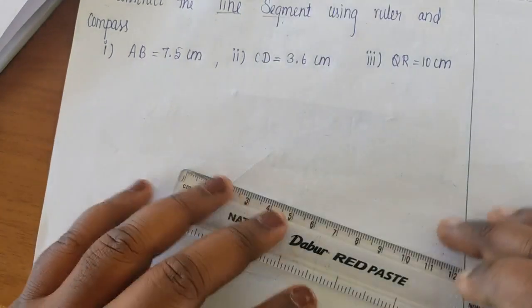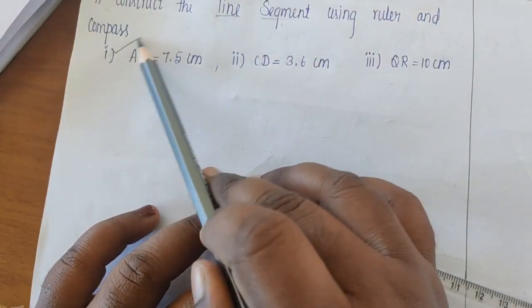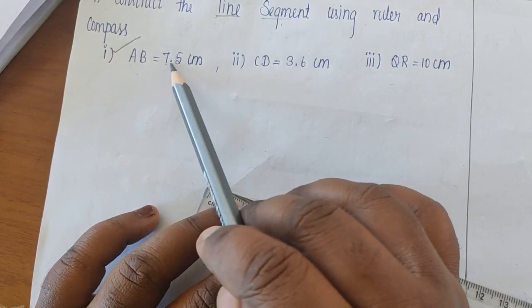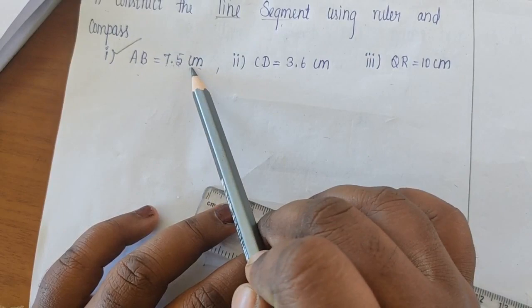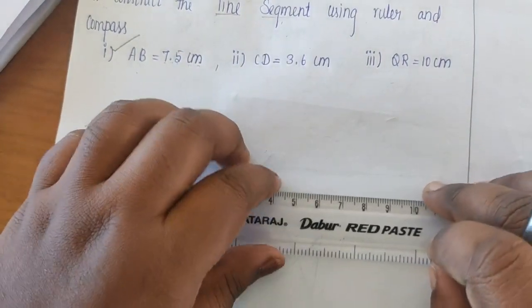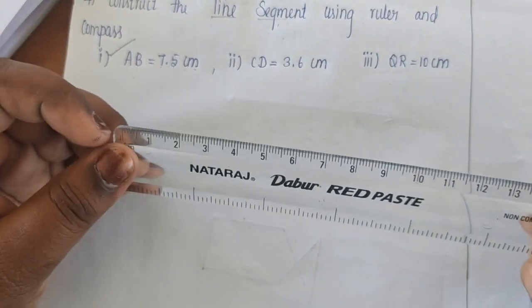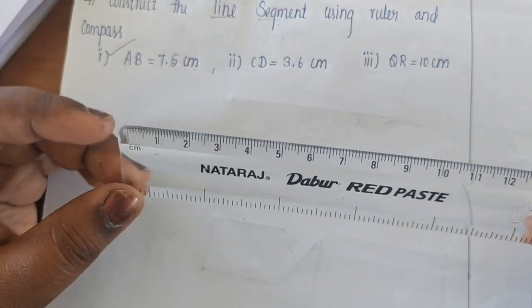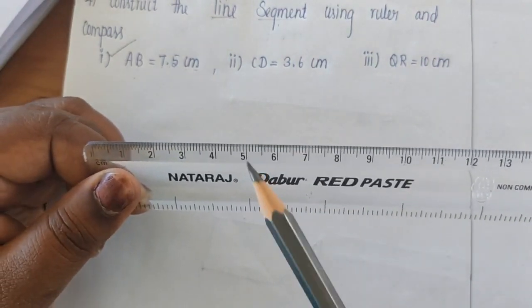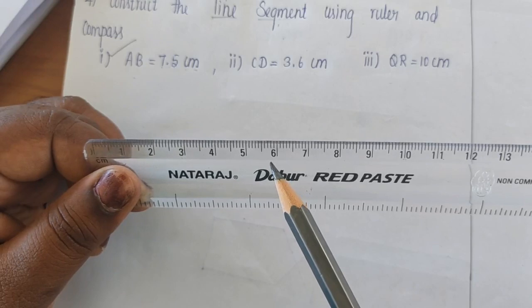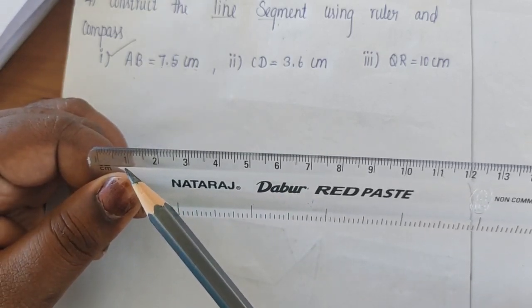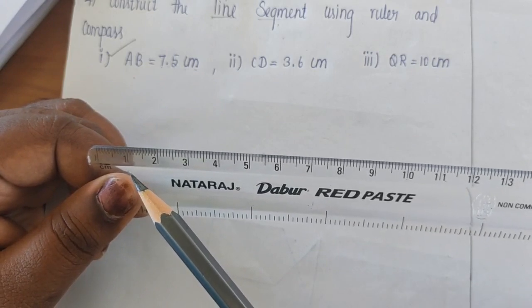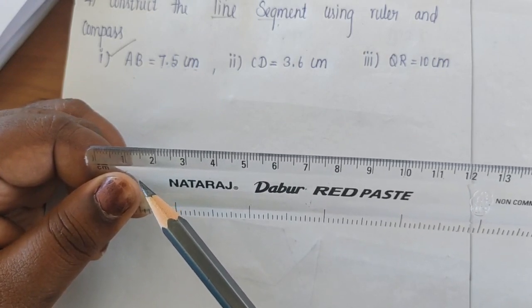First problem, AB equal to 7.5 centimeters. Okay students, 7.5 centimeters. So I take a scale. Where is 7.5 centimeters?